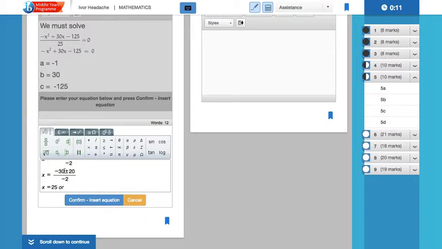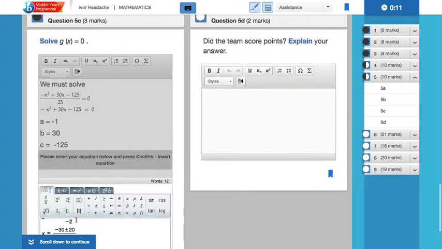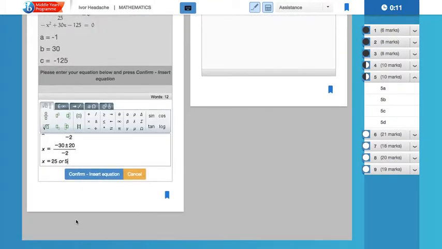Or the other case is where we get minus 30 plus 20, which is minus 10, and minus 10 divided by minus 2, which is 5. So x equals 25 or 5. So let's remember what this question was all about. x was how far horizontally along the ground the ball was, and we just figured out when that was equal to 0.